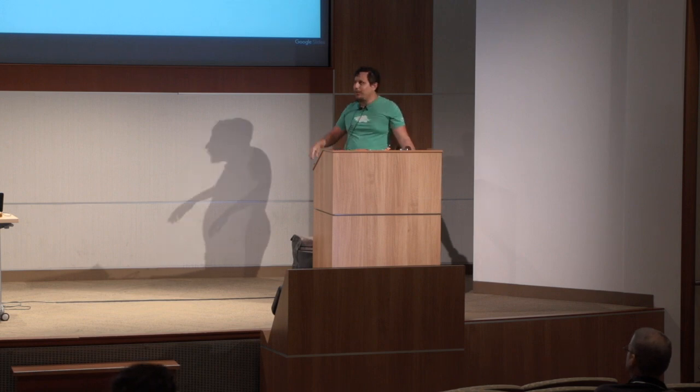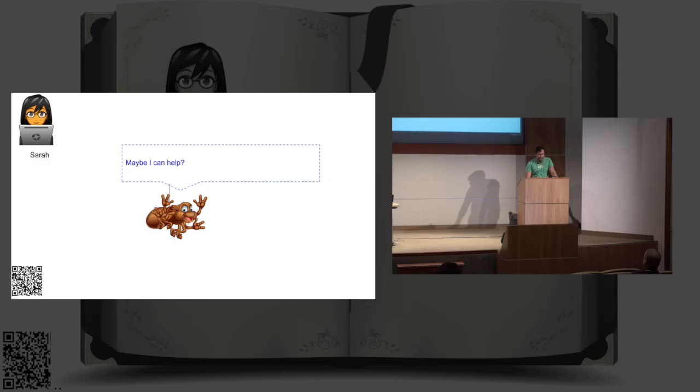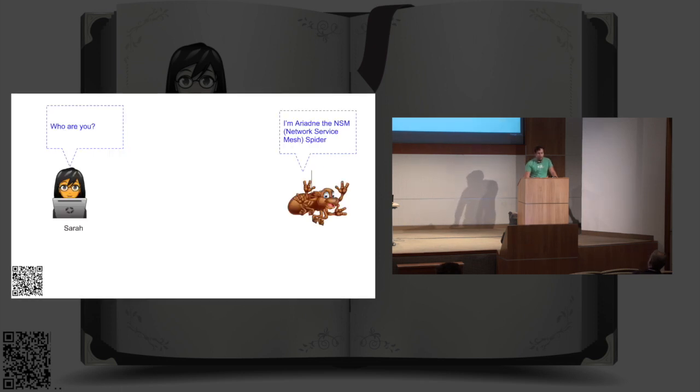So we have our mascot, Ariadne, who is here to help. Ariadne is the NSM, Network Service Mesh, spider, with a strong relation to the Greek mythology version. So anyway, she says, well, what is Network Service Mesh? Is that like Istio? We're not here to talk about Istio, but we took some interesting ideas from Istio.